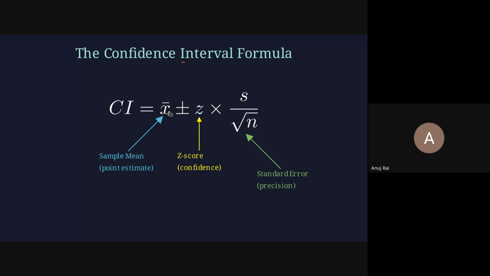And if you want the range to be very thin, that is, more precise, your confidence percentage will decrease. So whatever your sample mean is, you add and subtract the Z score times the standard error.